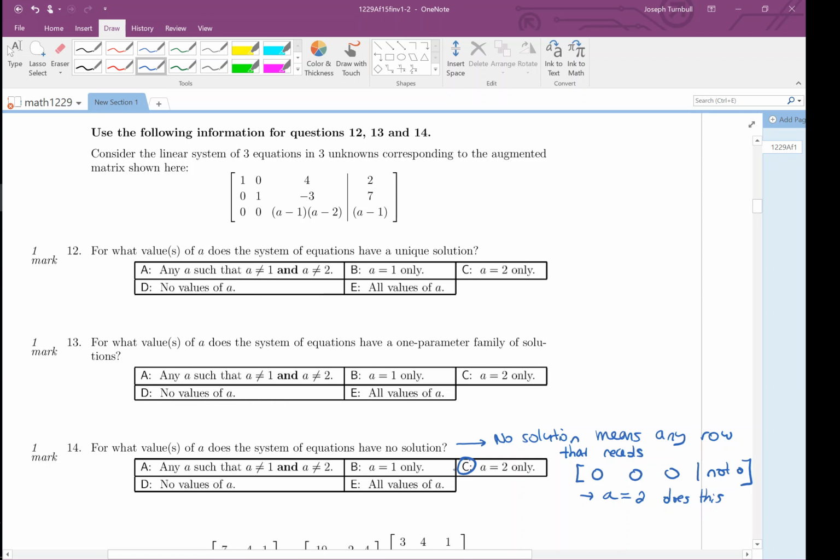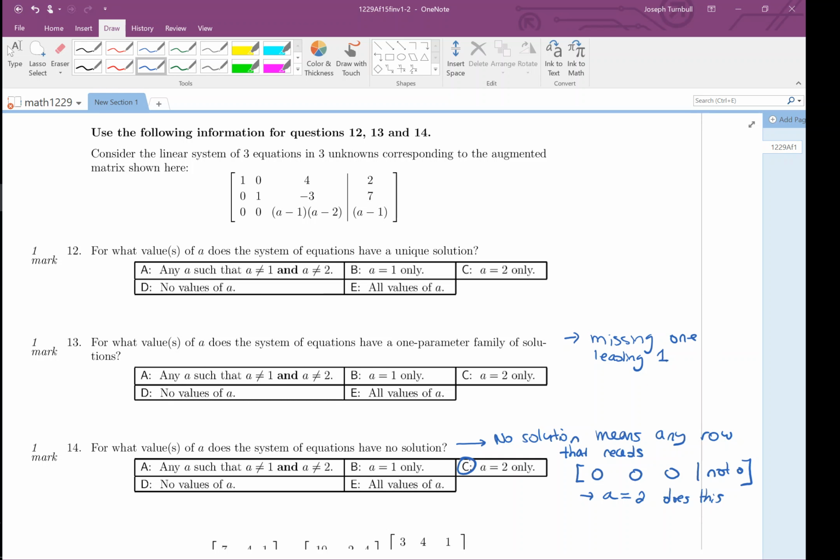Okay, now we'll do 13 rather. 13 says, when do we have a one parameter family of solutions? So this means we're missing, one parameter means missing 1 leading 1. So in order to have a unique solution, every single column has to have a leading 1.